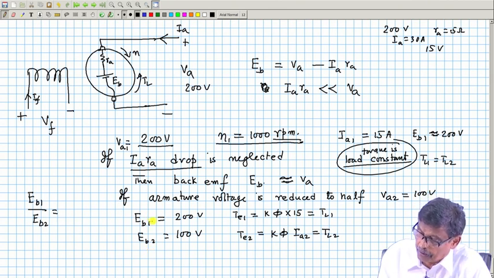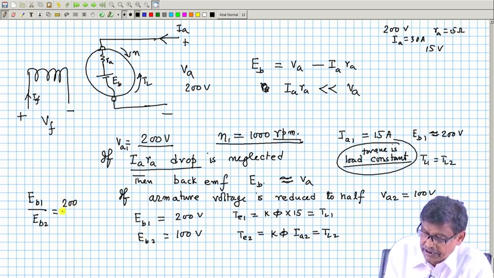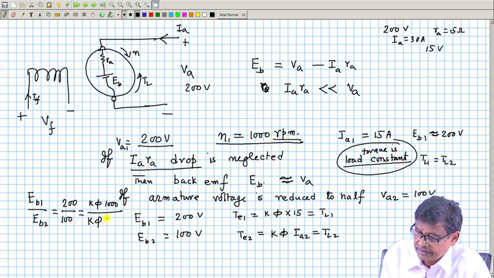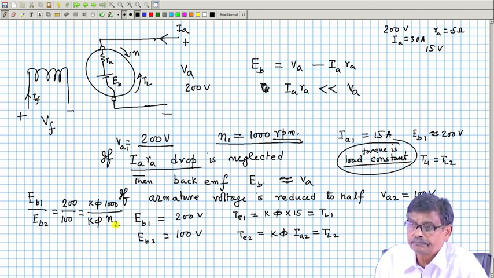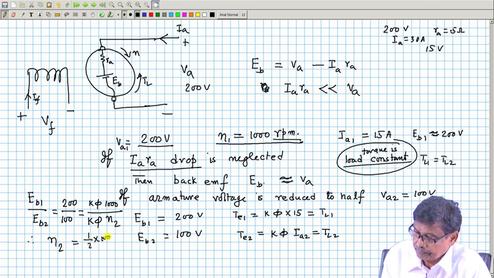So, for the back EMF, E_b1 by E_b2 is 200 by 100, which I know is K phi into the initial speed, that is 1000, divided by K phi into the new unknown speed N2. Therefore, N2, the new speed, will be half of 1000, that is 500 RPM.